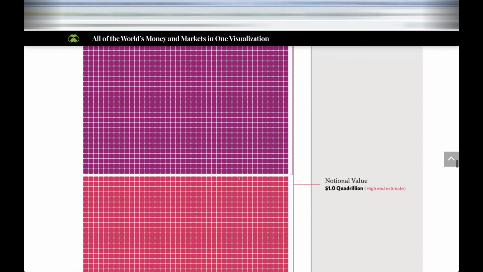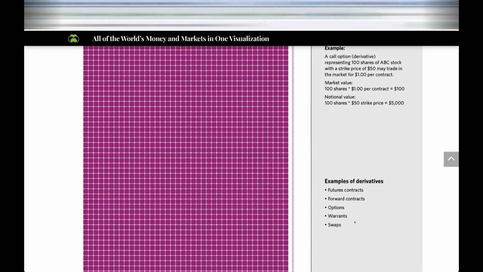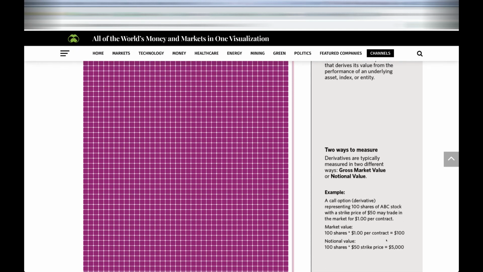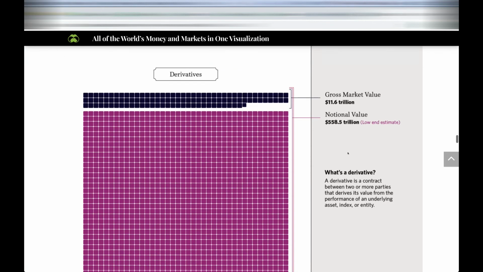Derivatives market is what? These are all the futures, contracts, options, warrants. How much is this? Gross market value, $11 trillion. Notional value, $558 trillion.